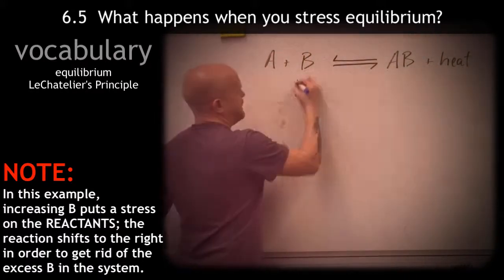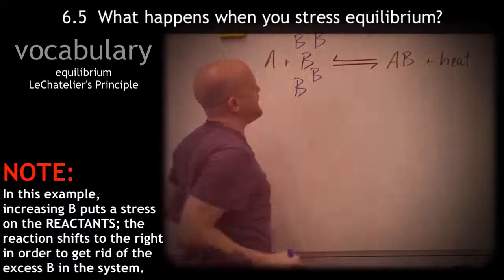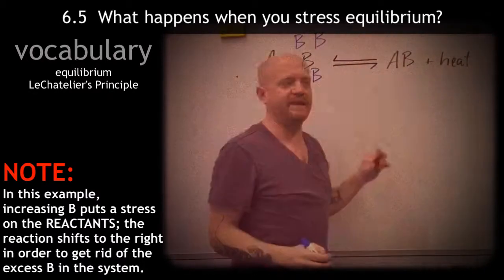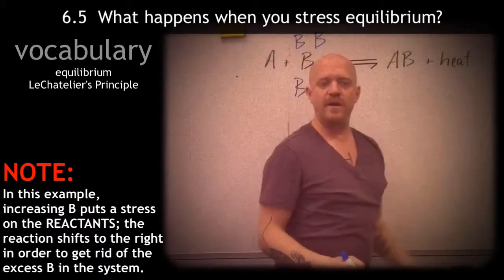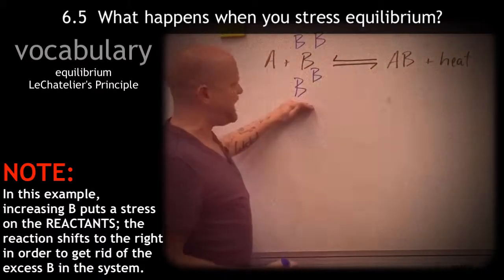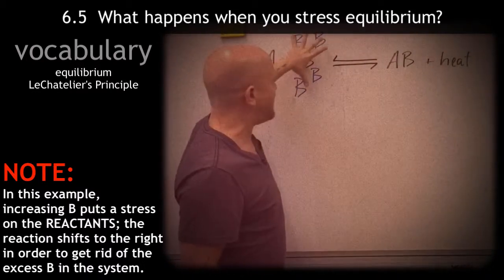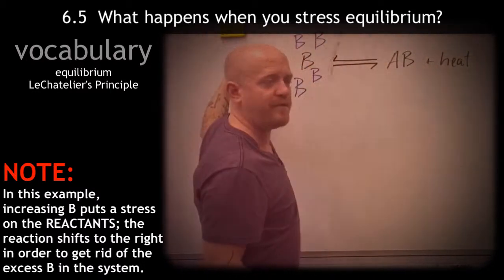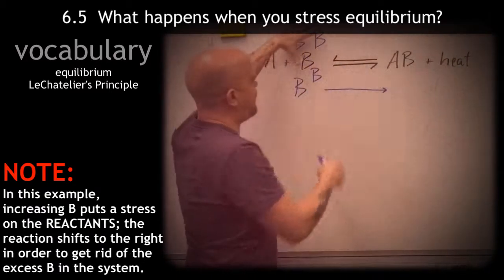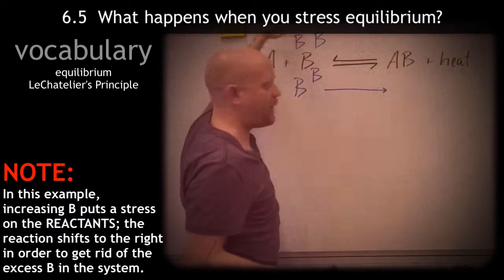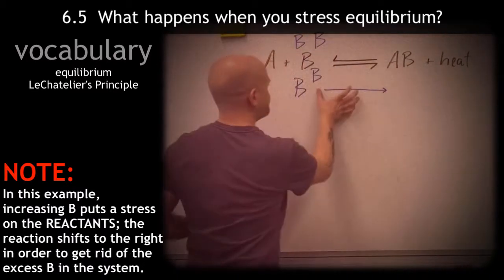To this solution, if I add a whole bunch of B's, that's messing up this equilibrium, because now I have a lot more reactants and a lot less products. So if I add more B, I want to relieve the stress. If I have an excess of B, I want to move the reaction away from the B. In other words, I want to reduce this because I have too much now. I want to get rid of some of it, so the reaction is going to go that way.